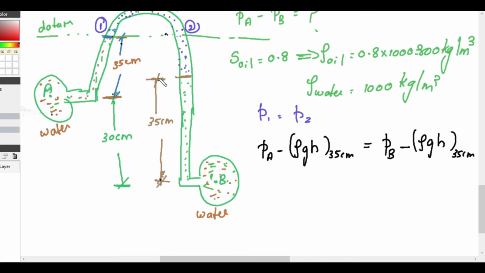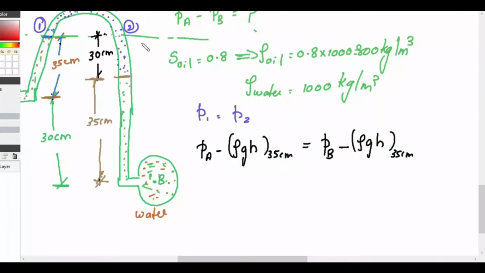So how much is this height? This is 30, this is 35, so this much is 5, so the remaining is 30 centimeter. And this is oil, right? So minus rho g h of oil in the right limb.